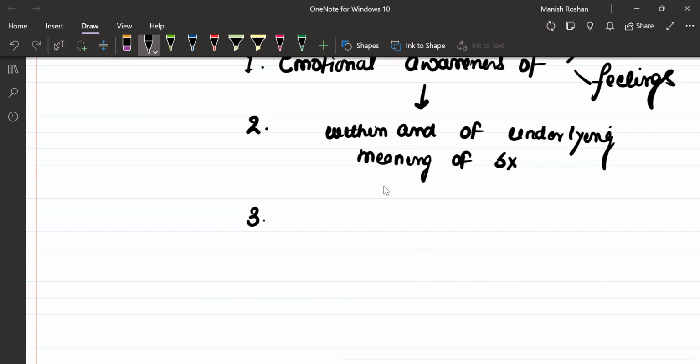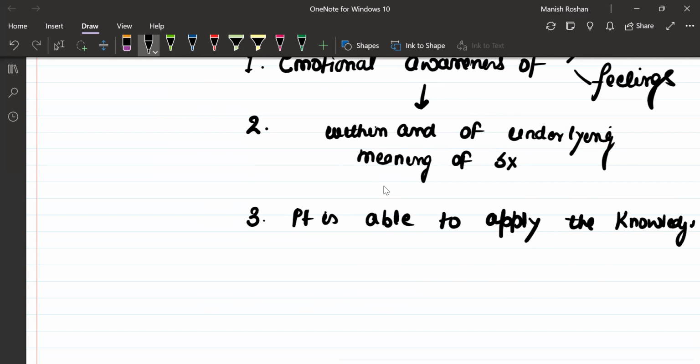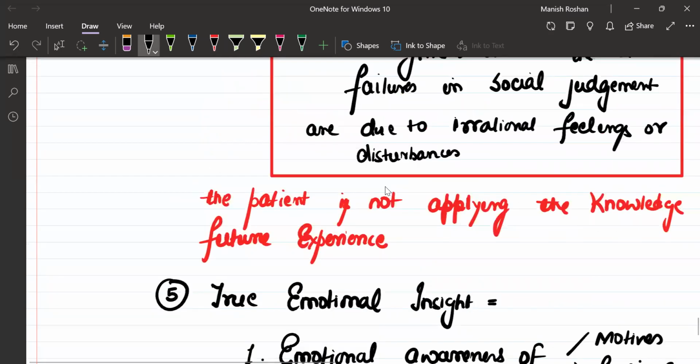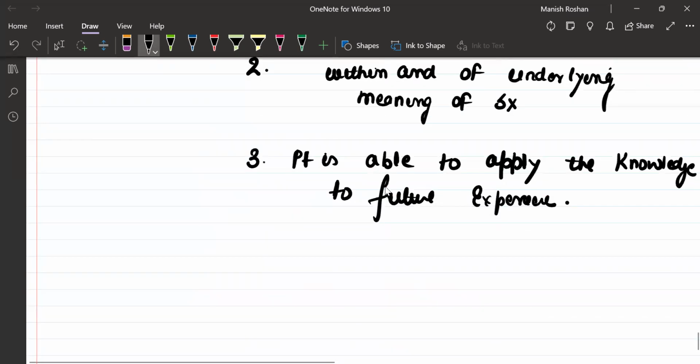And the third component is that the patient is able to apply the knowledge to future experience. So the part that was not covered in intellectual insight becomes covered in the true emotional insight.